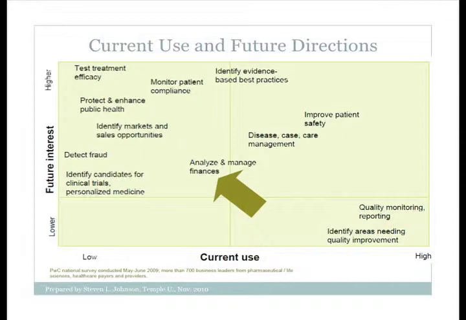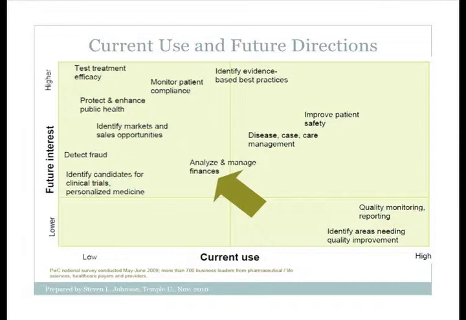Up in the middle of the top is something else that's going on today, but I think will be of really high interest in the future: identifying evidence-based best practices. A lot of the evidence-based care guidelines we have today are based on clinical trials and clinical studies.